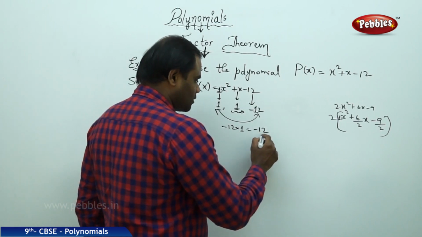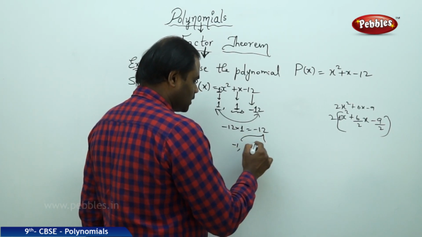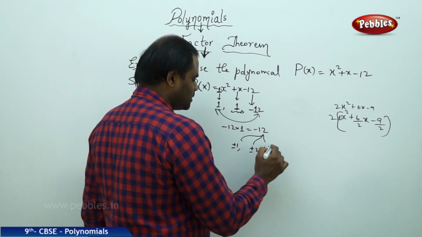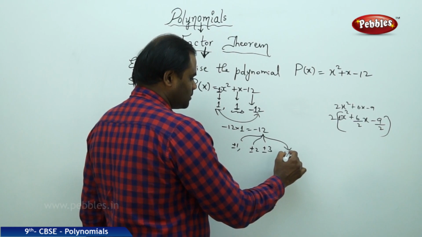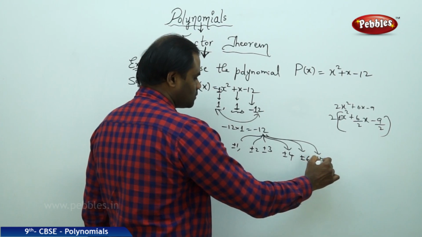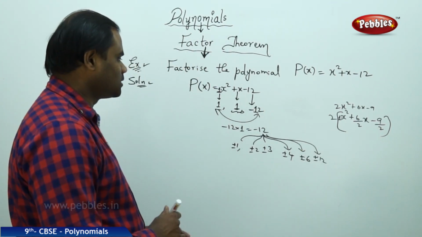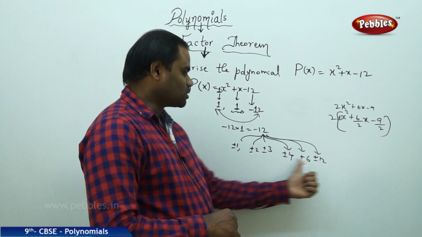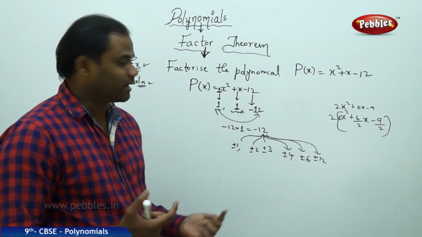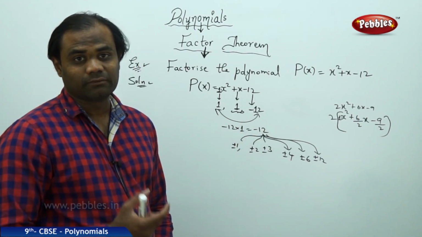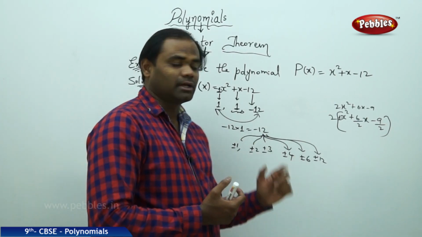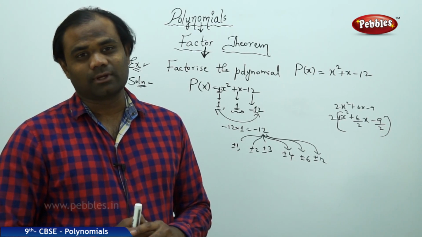Now the possible factors of minus 12 are plus or minus 1, because 12 by 1 is a factor of 12. 2 is a factor of 12 with plus and minus both, and 3 is a factor, 4 is a factor, 6 is a factor, and equally 12 is also a factor.